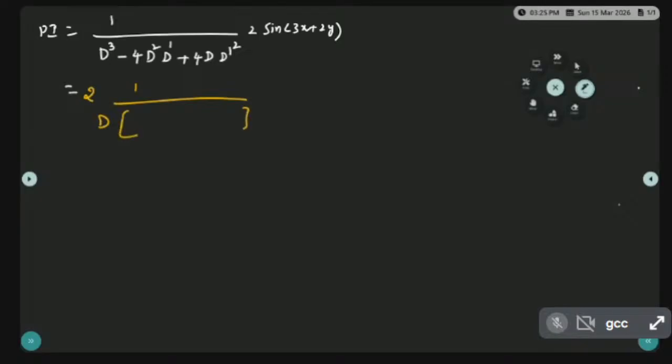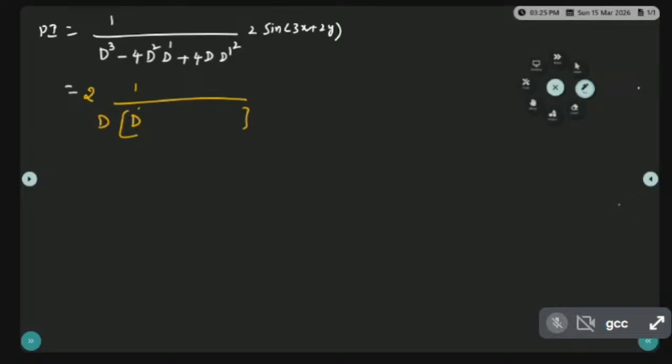Why D common? I want to keep the second degree terms inside the function, because all the substitutions are related to the second degree: d square equal to minus a square, d dash square equal to minus b square, d into d dash equal to minus ab. Now, when you take d common, what is the result?